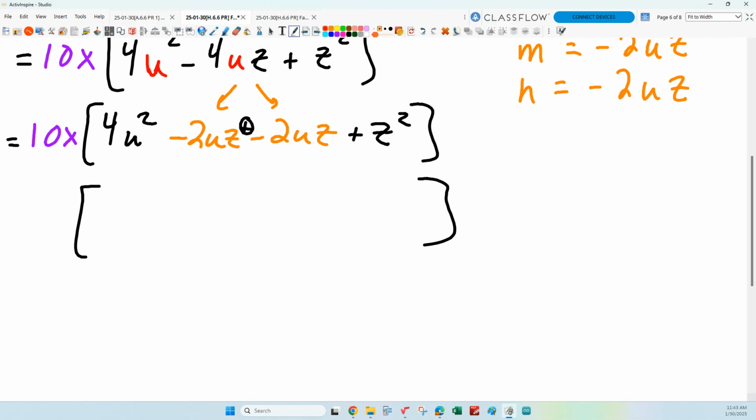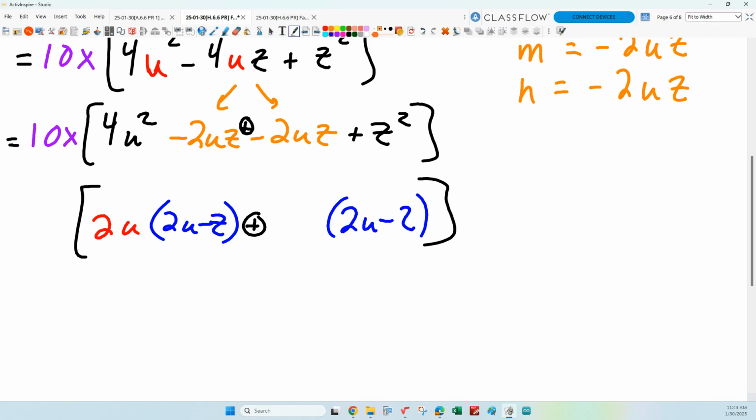What is it again? 2u, yep. Times what left over? Plus, I've got to have the same leftover, right? And so what GCF would I need for group 2?